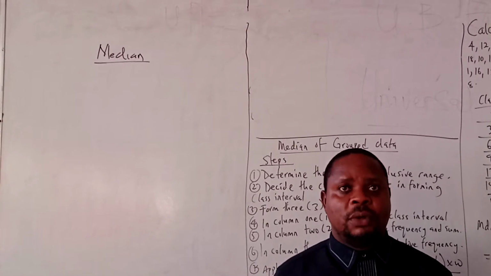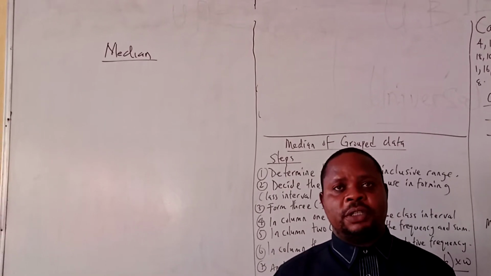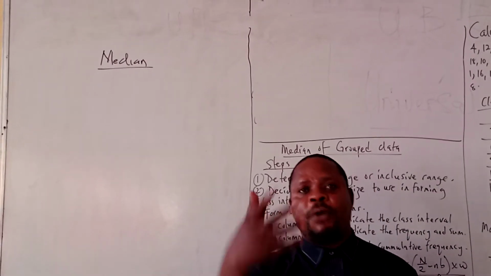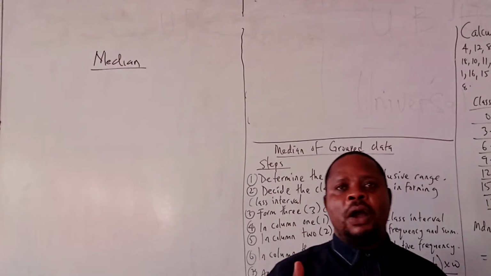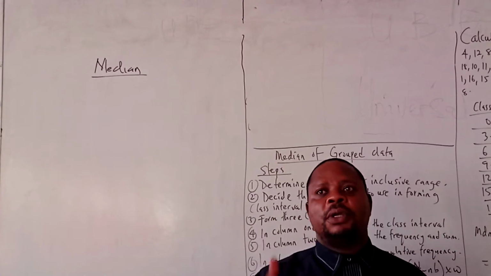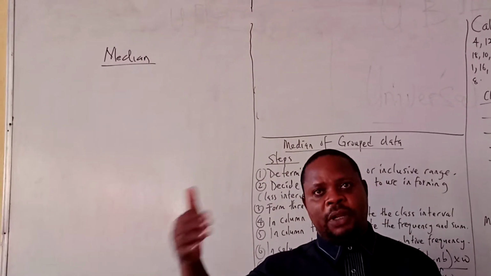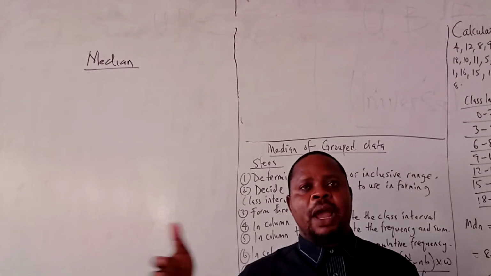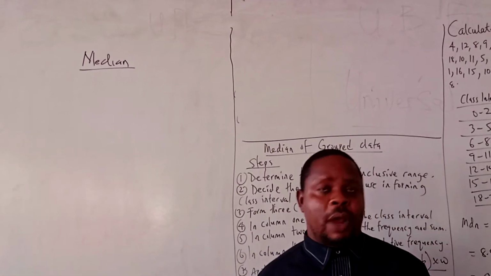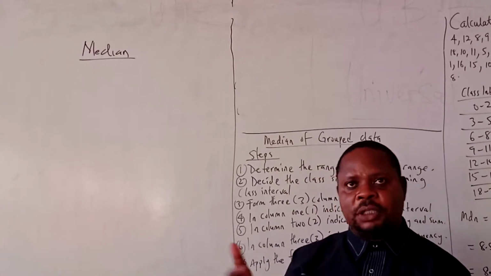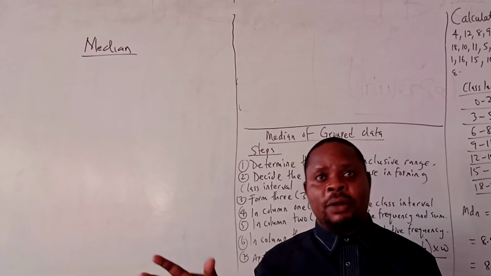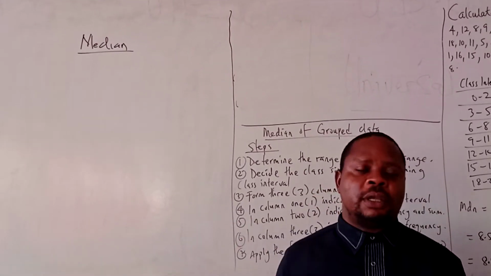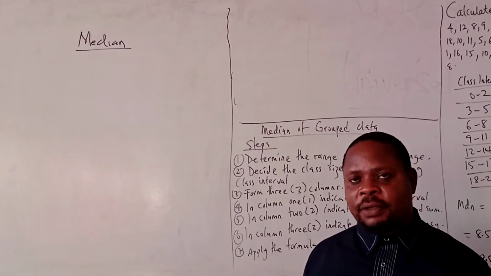Number two, the range or inclusive range is less than 15. Range is defined as the highest score minus the lowest score, while inclusive range is the highest score minus the lowest score plus 1. That plus 1 is a constant that makes it inclusive range.